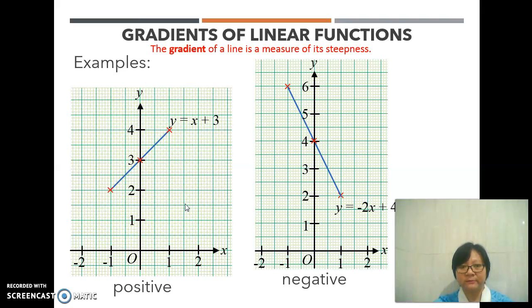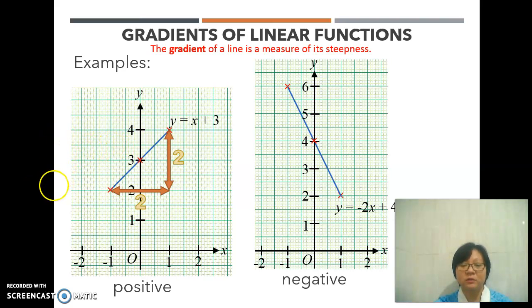what about the size? The size of the slope or the size of the gradient of the graph on the left. Let's see the rise and the run, or you can say the height of a triangle.